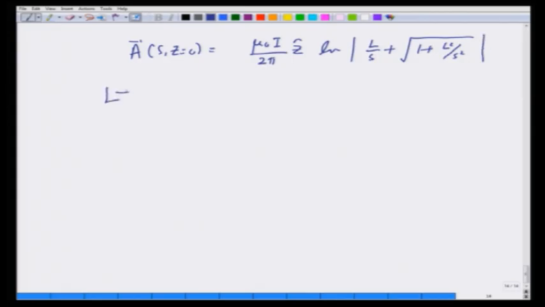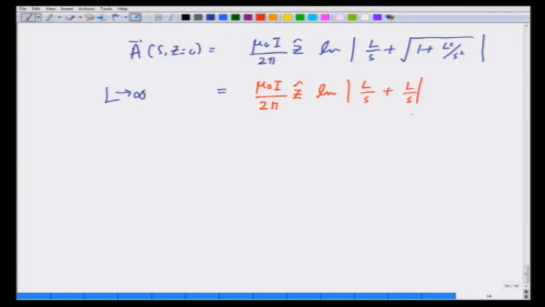For L going to infinity, this can be written as mu naught I over 2 pi z log of L over s plus L over s again, because I can ignore that one.